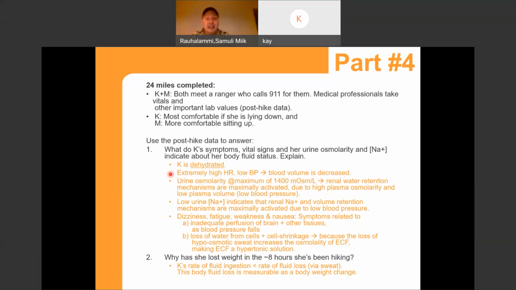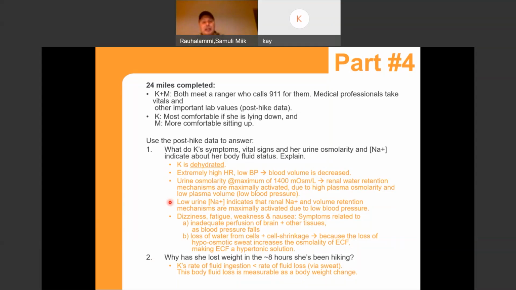We're also seeing that her urine is very, very concentrated. This is because at the level of the kidney, at the level of the nephron, we're trying to retain any water that's left in her body and not make urine. Well, if we're not making enough urine, whatever we're going to be peeing is going to be very, very concentrated, very, very dark. So we're seeing that as a change with the urine osmolarity.